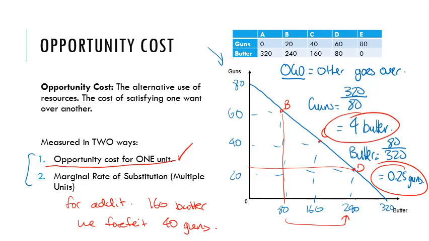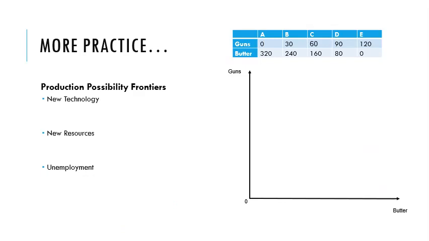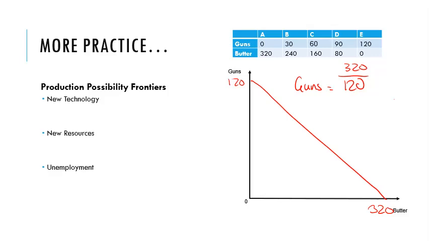Okay, so we'll do another one. Okay, so a little bit more practice. In this case, we can make either 120 guns or 320 pieces of butter. So the opportunity cost for guns equals 120, and you'll put the 320 above.